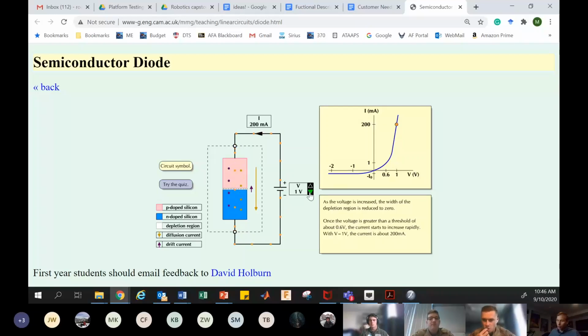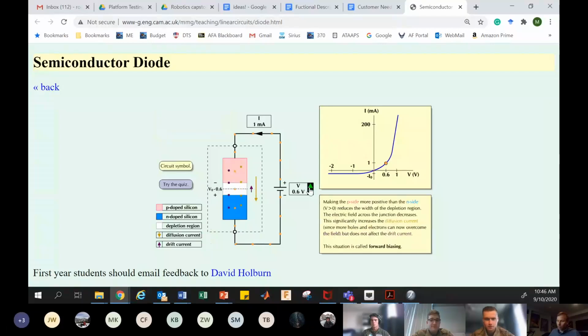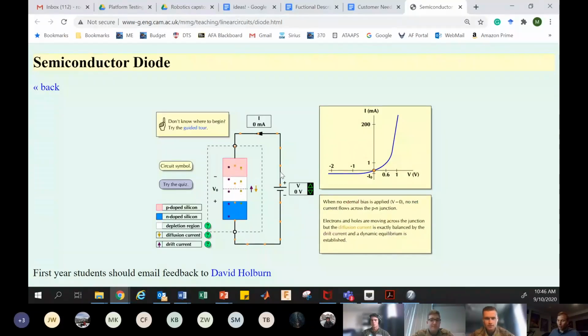You'll notice that the current doesn't change dramatically. Once it's flowing, it's usually all the way on or all the way off. At least that's how we're going to treat it. If we get below 0.6 volts, that depletion region, the white, grows and no current flows. You see out here, there's a circular stream of electrons and holes in the PN material, but there's no external current flowing through the device.